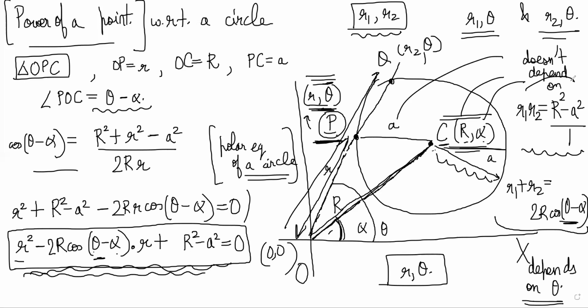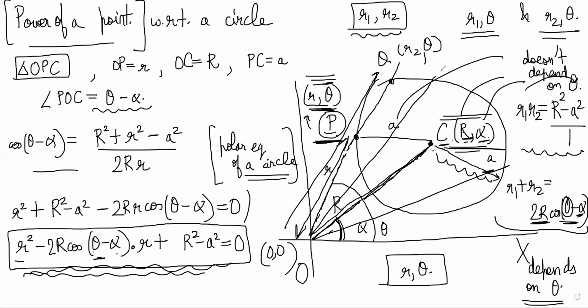Actually, what was known in the question: capital R, alpha and A are known already, right? So here 2R is known, alpha is known, but theta is unknown. Theta can change because the line could have been drawn like this also, no?